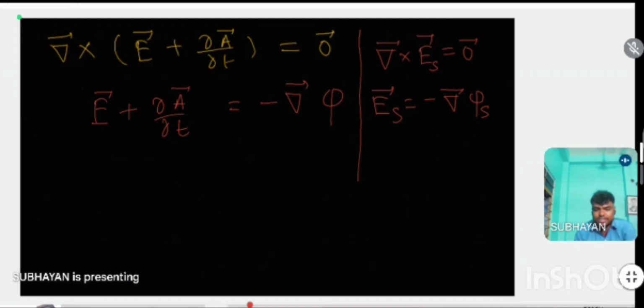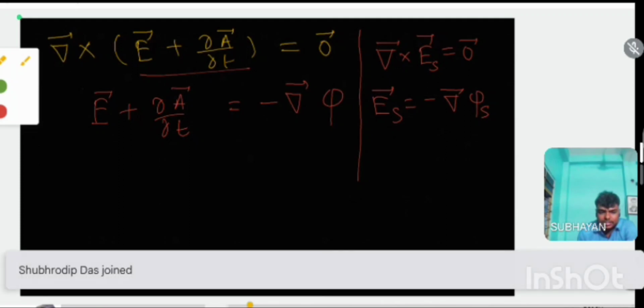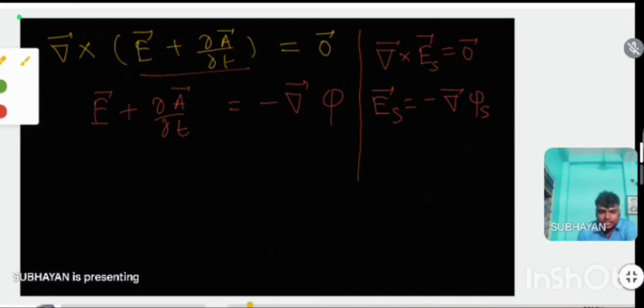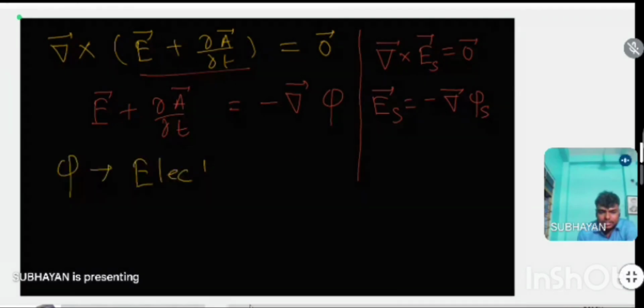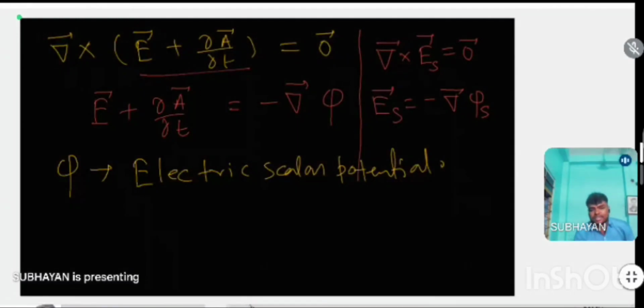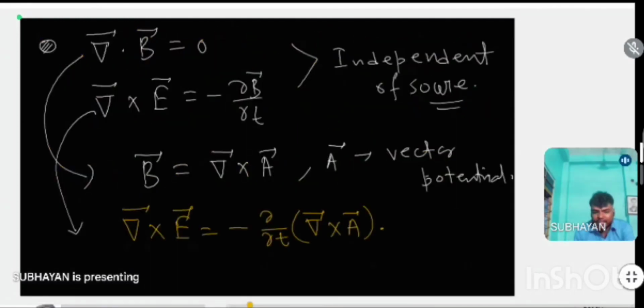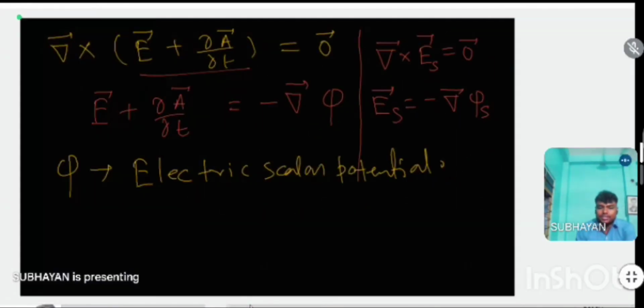So by analogy, here also, but it is not the electrostatic case. That's why you have del A by del T also. So E plus del A by del T is minus of grad phi, and this phi is electric scalar potential, because phi is only related to E. In the expression of E there is no A, so it is electric scalar potential.